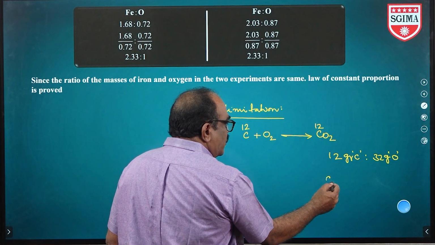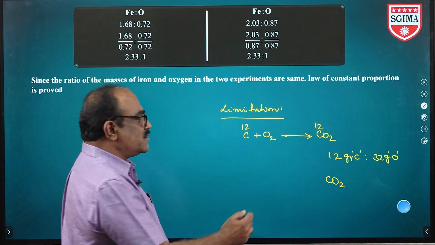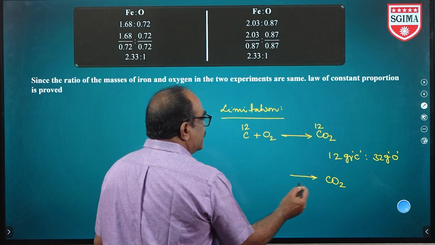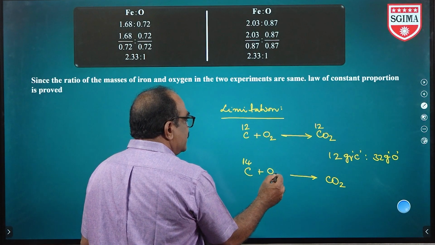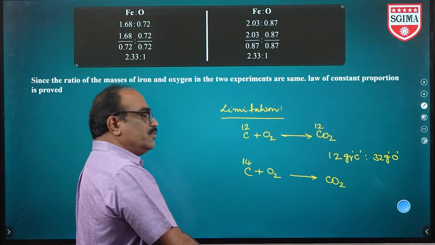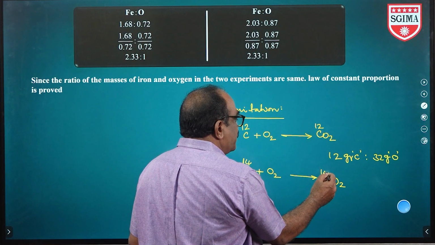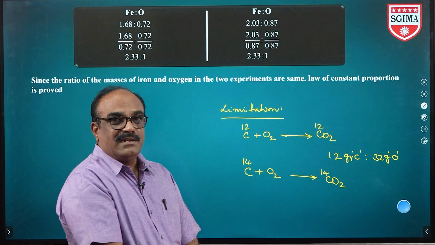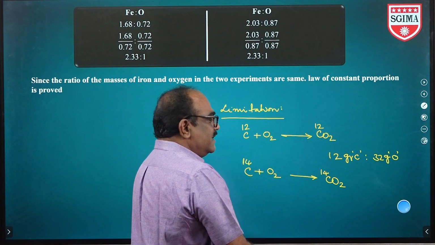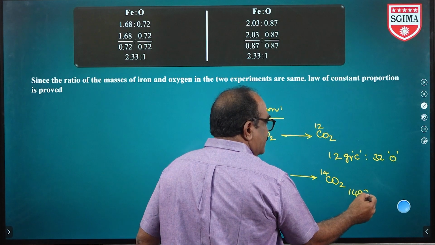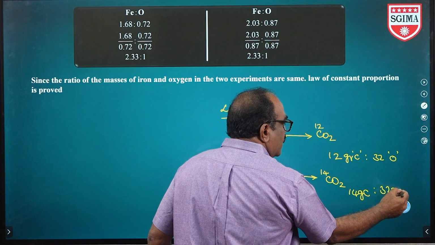The carbon dioxide compound will be the same, but now I am not preparing from the carbon 12 isotope, instead I am taking the carbon 14 isotope, which when burnt in oxygen produces carbon dioxide. This carbon dioxide in properties will be the same, but in nature was found to be slightly different from the previous carbon dioxide. In this case, 14 grams of carbon combined with 32 grams of oxygen.